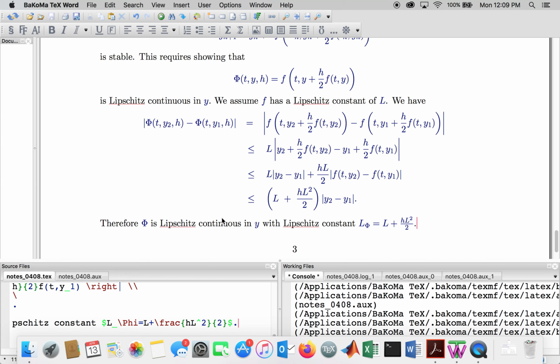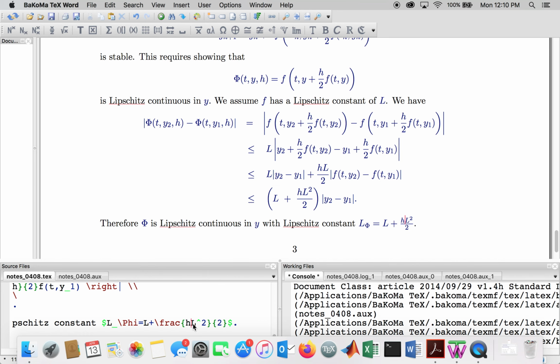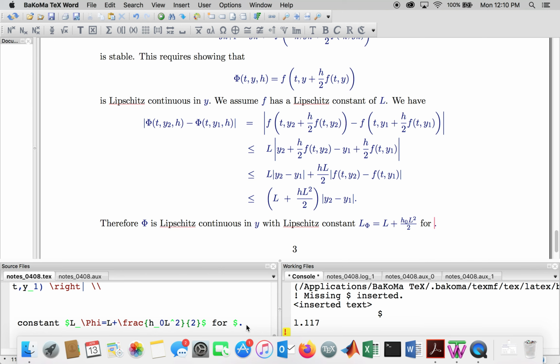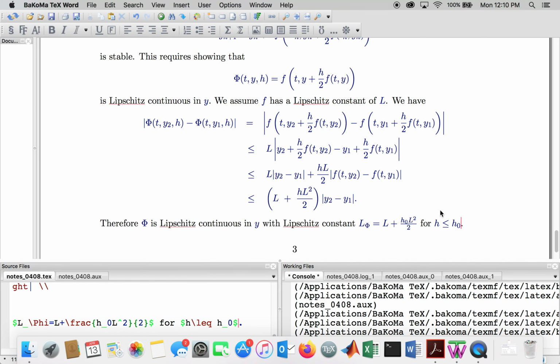Now, really, we need this Lipschitz constant to be enforced when h is sufficiently small. So if I consider h to be bounded in some interval, like h less than or equal to h naught, so that the Lipschitz constant works for h less than or equal to h naught.